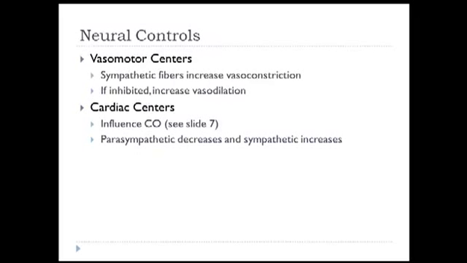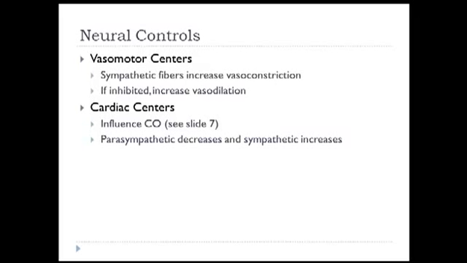Okay, with our neural controls, we have our vasomotor centers and we have our cardiac centers. Your vasomotor centers will be that sympathetic. And in general, when you think sympathetic response, you're going to get vasoconstriction and you're going to get increased heart rate. If you inhibit the sympathetic response, we increase parasympathetic activity, you're going to get generalized vasodilation and decreased heart rate.